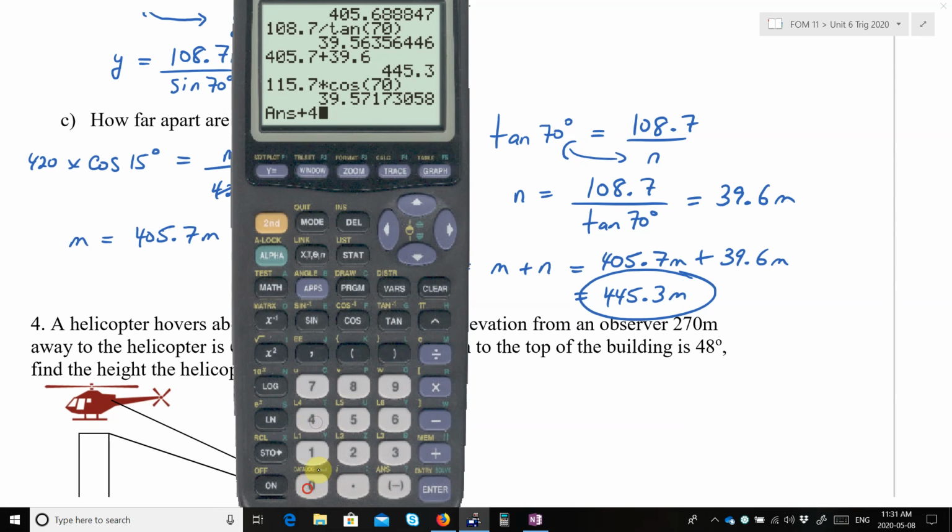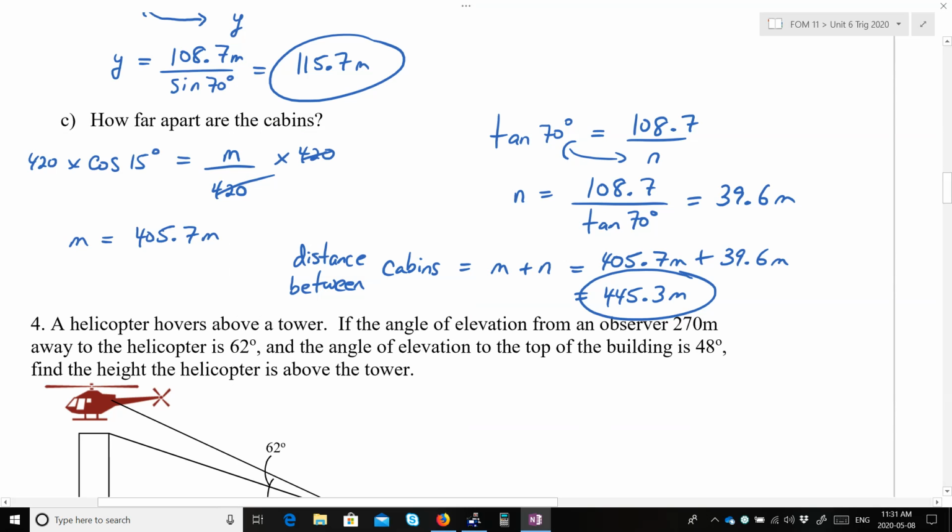And then add that to the 405.7. Which is the same. Okay, so my only guess is that perhaps they didn't use rounded values to get those two. Okay, not a huge deal though.